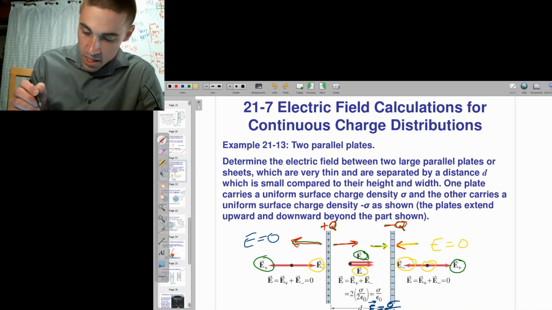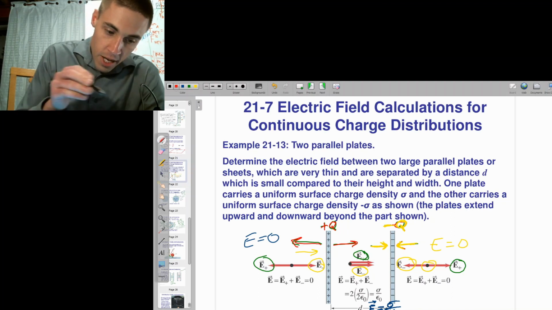So if I use yellow for the electric field coming from the negative plate here, that means we have an electric field going in towards the plate, and it doesn't depend on distance. So over here in this area, we also have an electric field that has the same strength as this one right here, pointing in towards the plate.